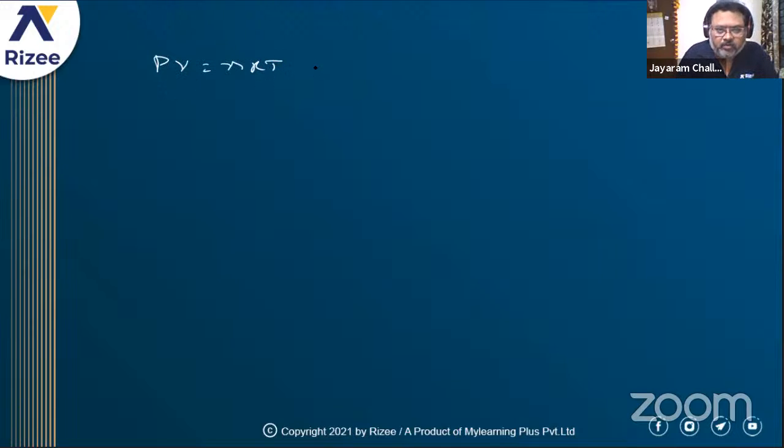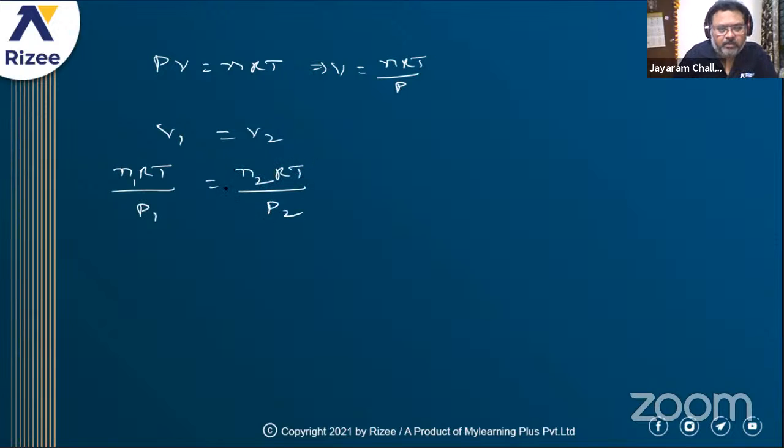From this, volume can be related: V is equal to nRT by pressure. Since V1 is equal to V2, this will be written as N1 into R into temperature, which is constant, by P1, equal to N2 into R into temperature, which is constant, by P2.